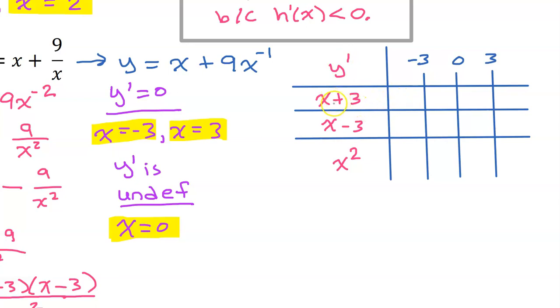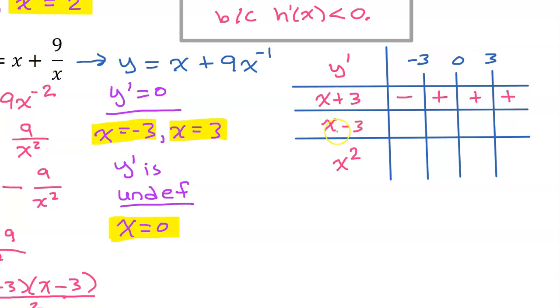So here we go. The first factor of x plus 3 equals 0 when x is negative 3. So focus on negative 3. Any value that's less than negative 3 will cause this to be negative. Any value that is greater than negative 3 will cause x plus 3 to be positive.